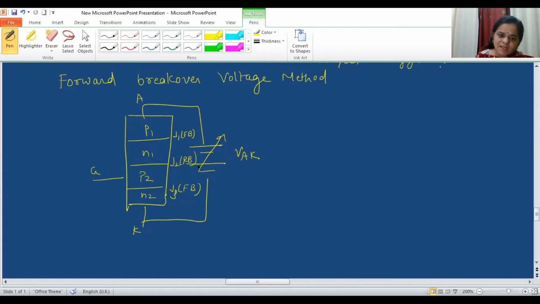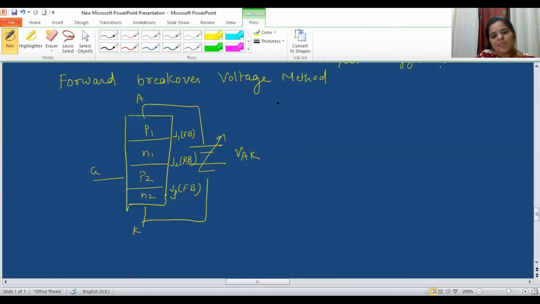And we know that when we increase the reverse bias voltage across any junction, avalanche breakdown of that middle junction happens and the device goes into conduction mode.